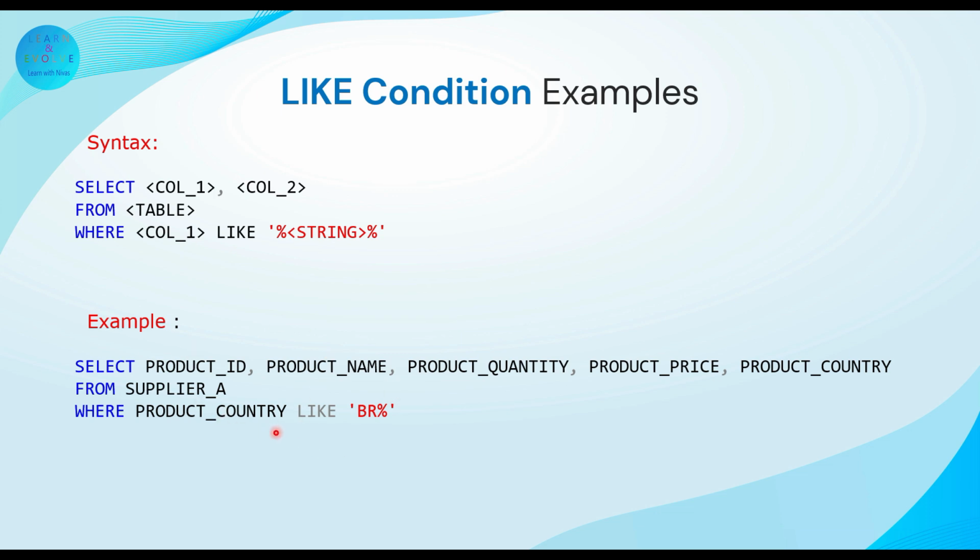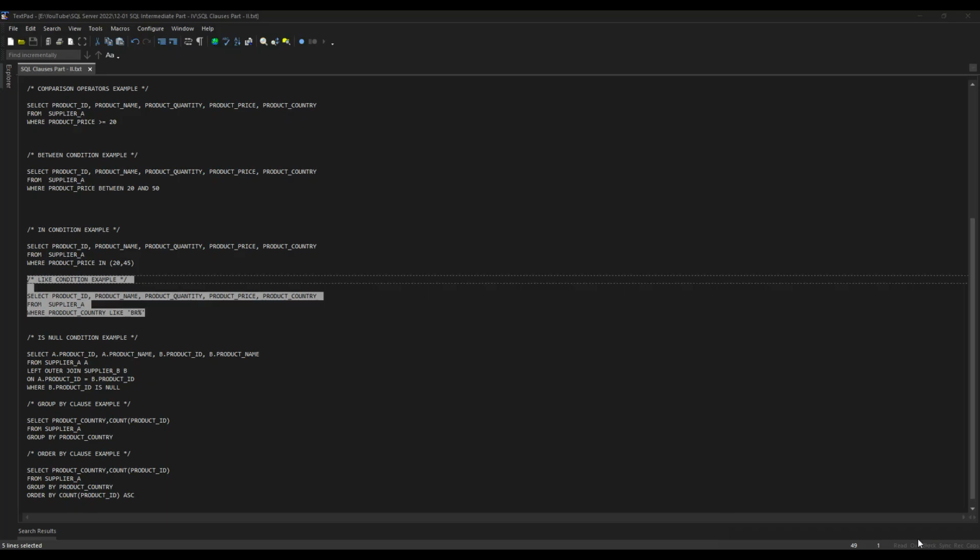In the example, I have taken the supplier table, searching for product country starting with BR, and after BR it can be anything. Any record with a value starting with BR will be fetched. We'll see all the examples of LIKE so you get a better understanding.